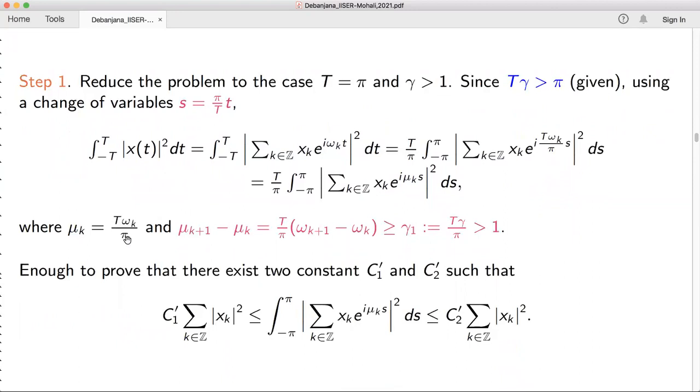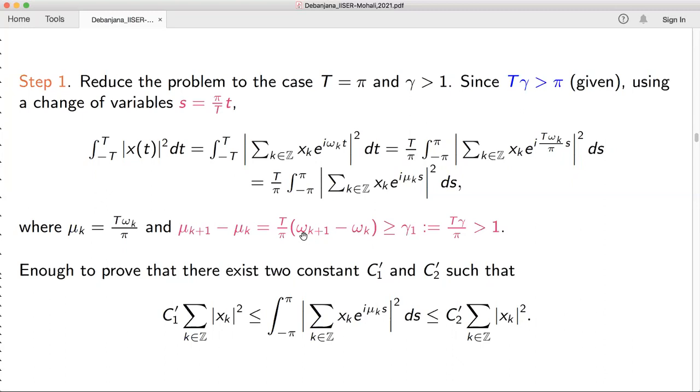Now if we want to check the gap condition, mu_{k+1} minus mu_k is equal to T by pi times omega_{k+1} minus omega_k.